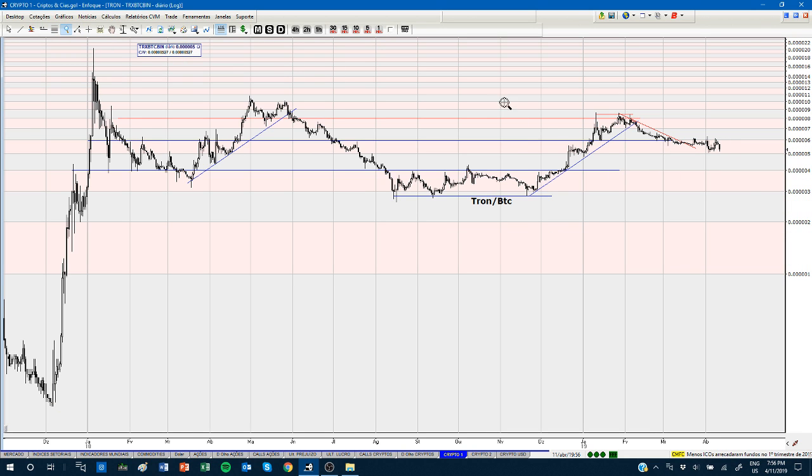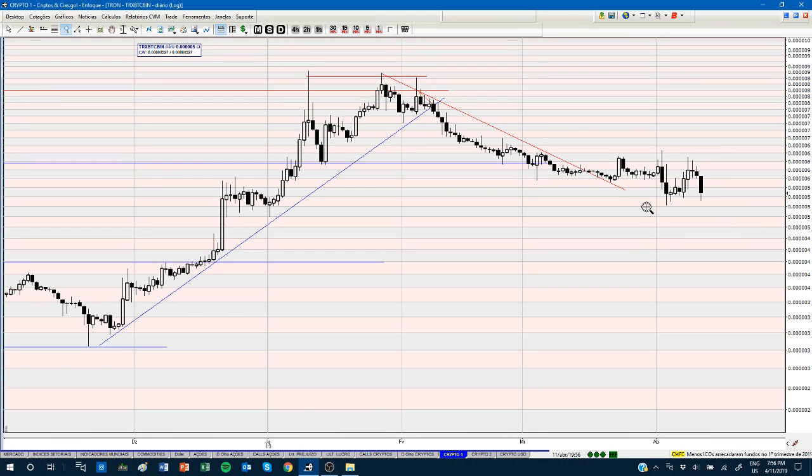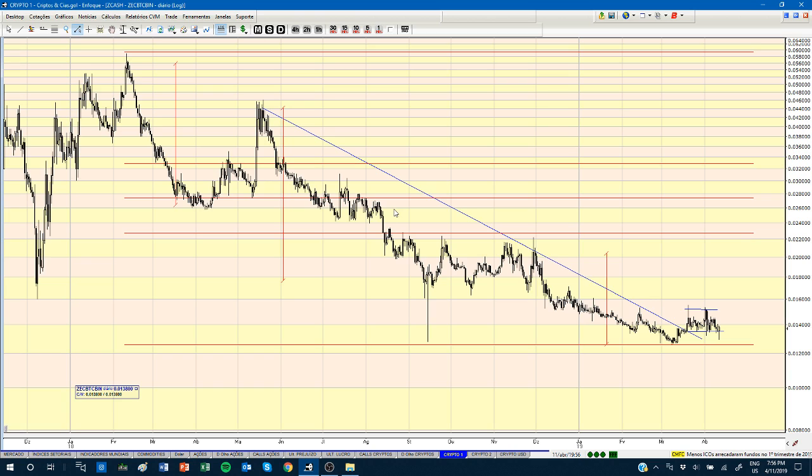Tron. What is Tron doing? I think it's accumulating on a continuation pattern here, that descending trend line. Yeah, I think that's a sort of rectangle. So, no good, Tron.